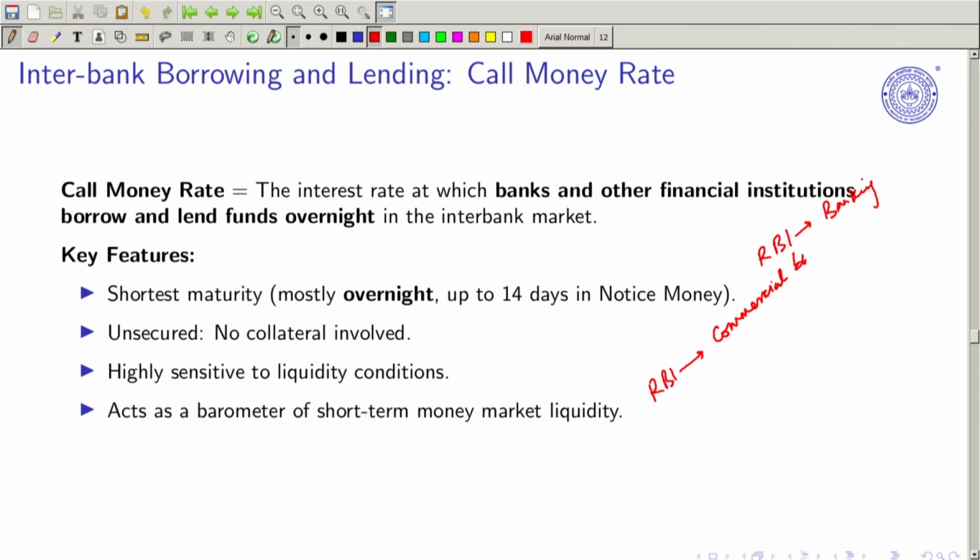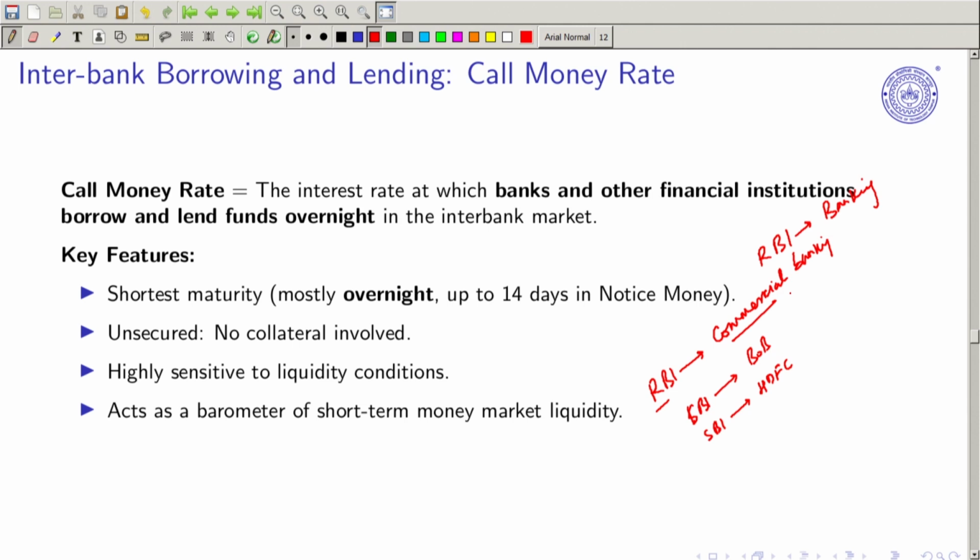Now we will be looking at banks, for example SBI and Bank of Baroda, or you can say SBI and HDFC.